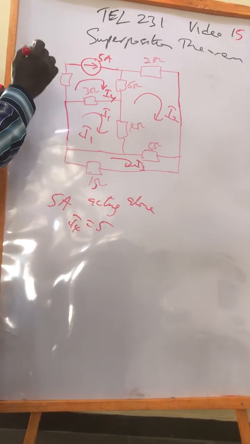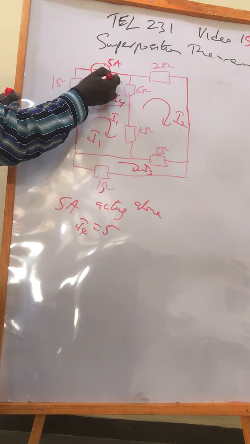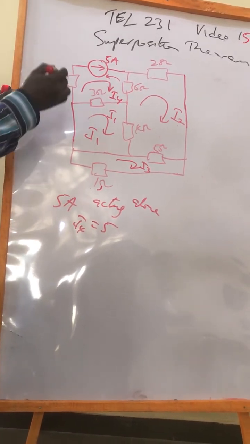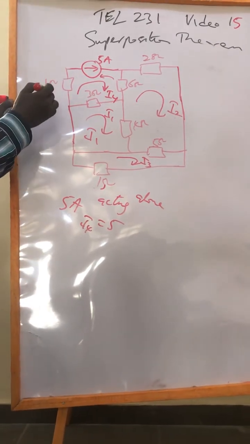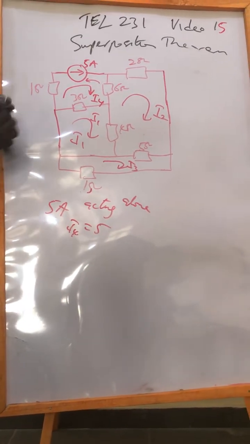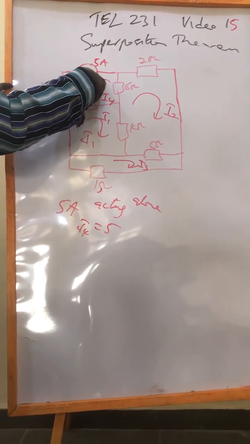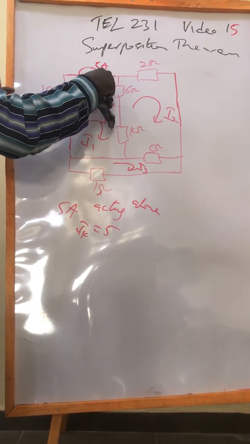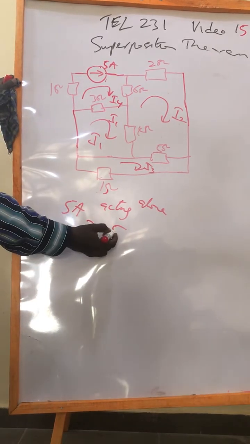But just for teaching purposes, suppose I had indicated it the opposite way. Then I4 should have been minus 5. You understand? If I indicated it like that, I would write I4 equals minus 5. But that is not the case. This is the way I've indicated it, so we are free to say that I4 equals 5.